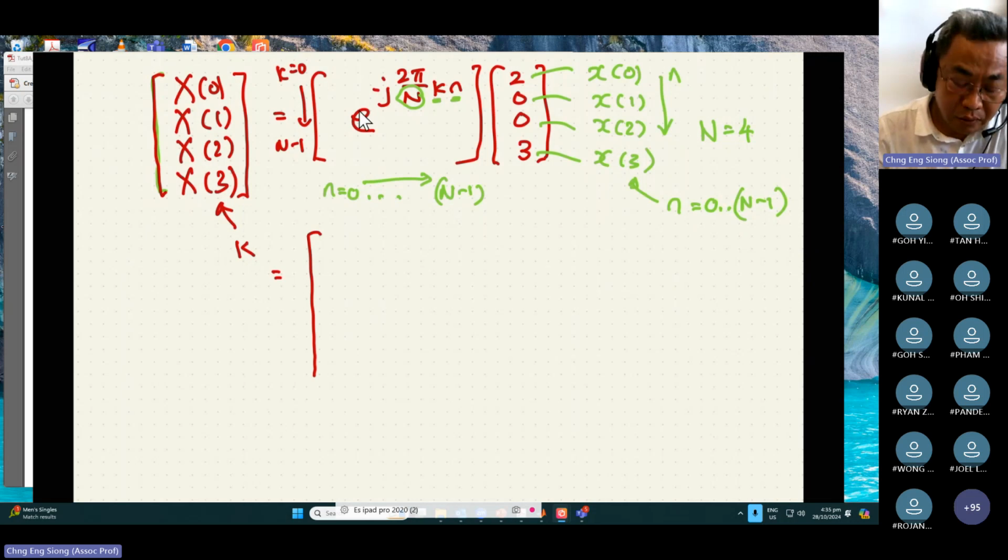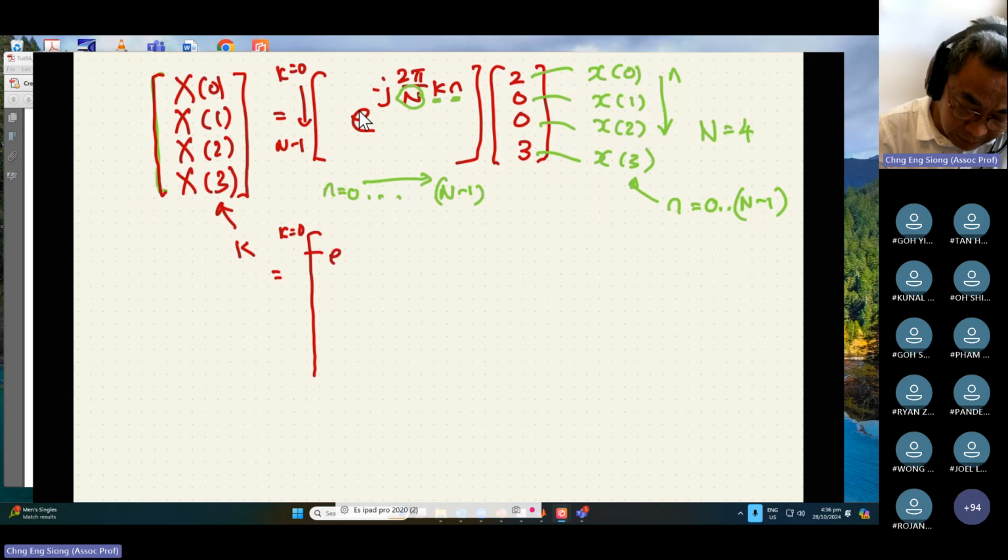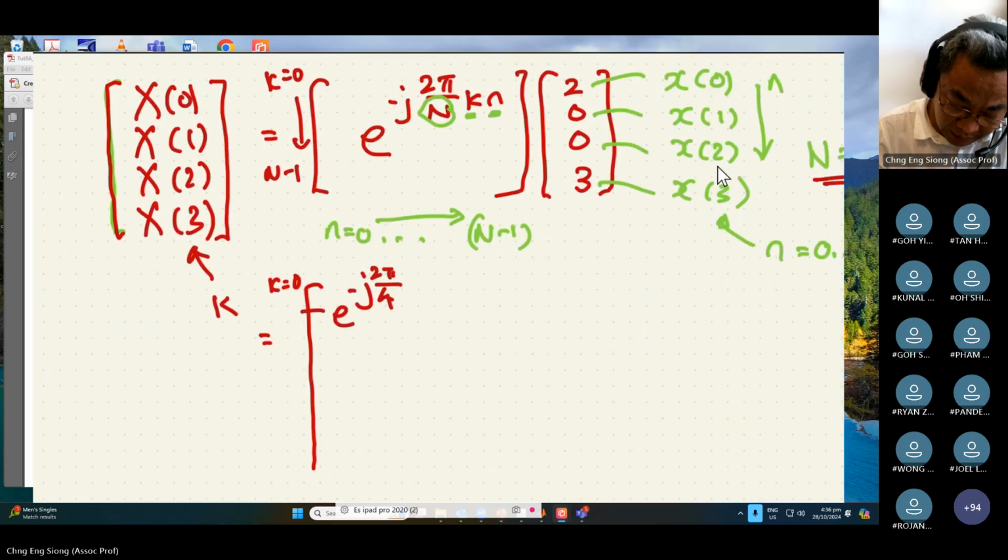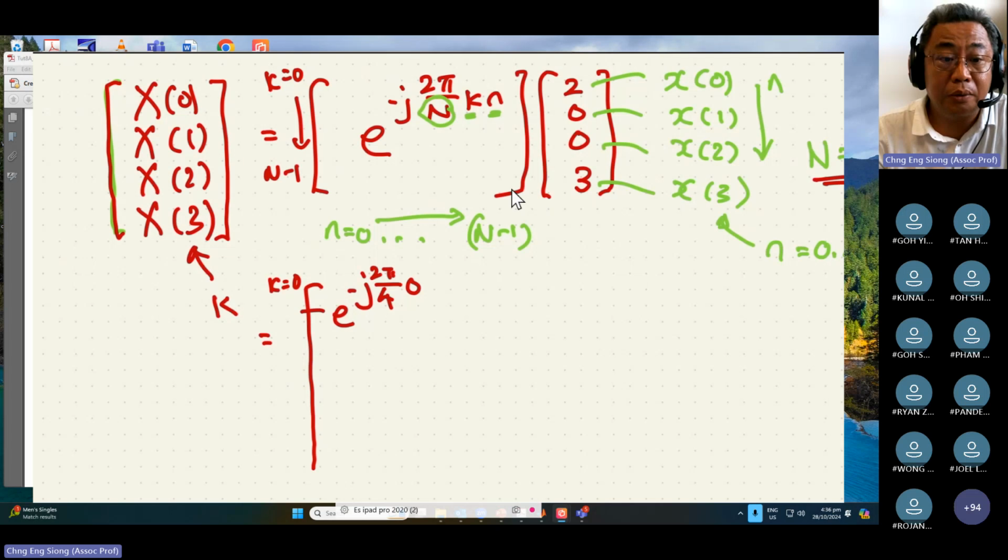Once we have done that, then now we can write our matrix. Okay, so let's start with k equals 0 first. This is e to the minus j 2 pi over, and our big N is 4, k is 0, right? Because we are running at the first row. And n is 0.